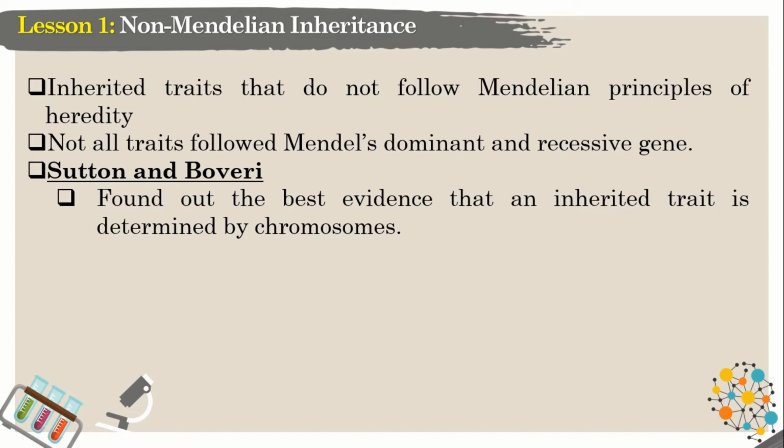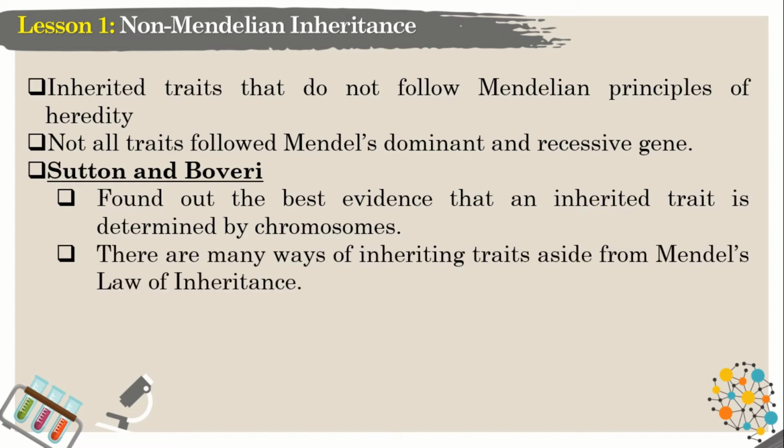So, Sutton and Boveri do not know each other. They work independently, but their studies joined and were compatible. According to their studies, there are numerous ways of inheriting traits aside from Mendel's law of inheritance.